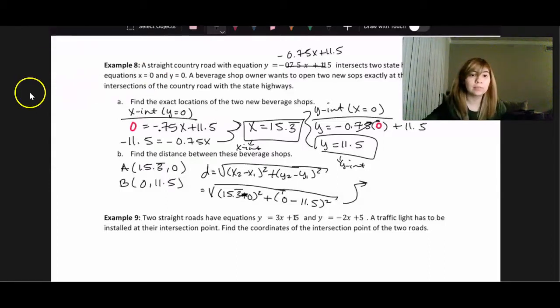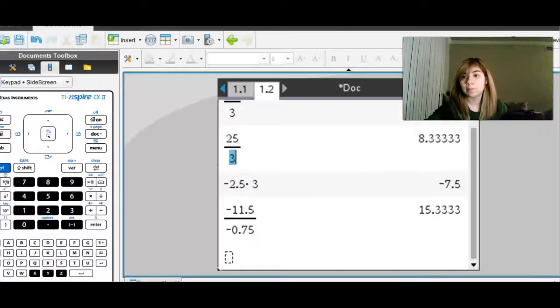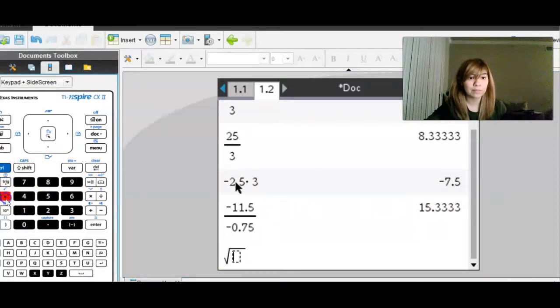Now in my calculator, I'm not going to use a rounded value. Remember, don't use rounded values until the end. That leads to rounding error. I'm still going to use the exact value, so let me show you how to do that. So here's my square root, parentheses. I want to use this value, so I'm going to press control and the negative sign, where you see Answer. So it's going to use the repeating value, not just a rounded 15.3. You can do minus 0, but you know anything minus 0 is itself.